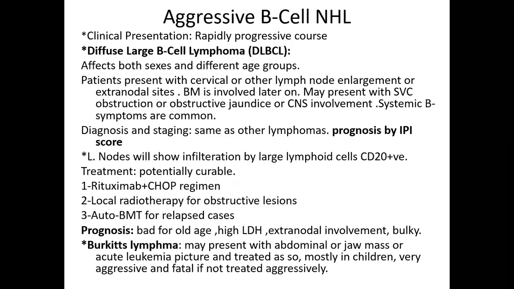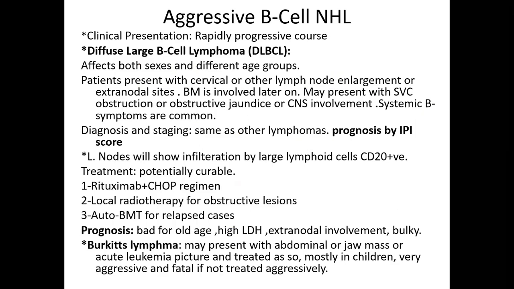The aggressive B-cell non-Hodgkin lymphoma, the clinical presentation is rapidly progressive disease. The best example is diffuse large B-cell lymphoma. It can affect both genders and different age groups. Patient may present with cervical lymphadenopathy or even extranodal involvement.